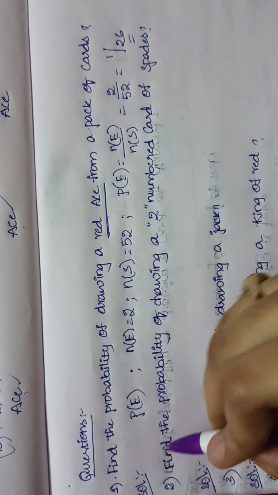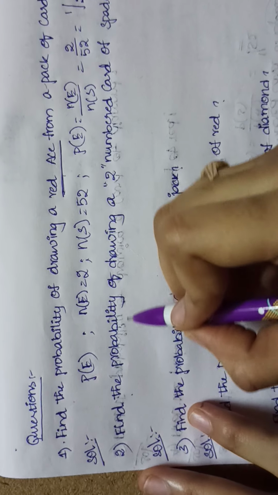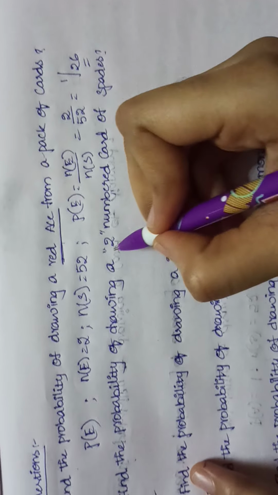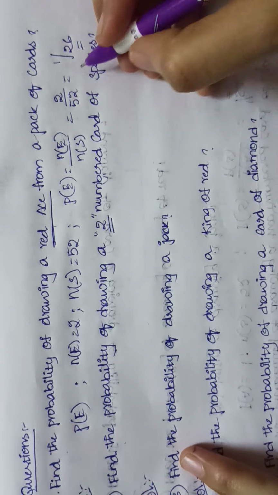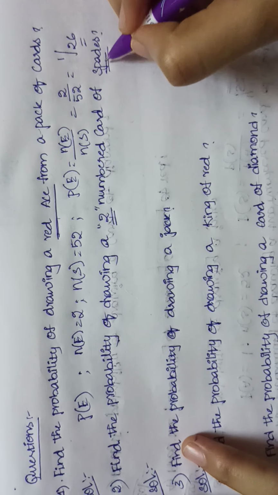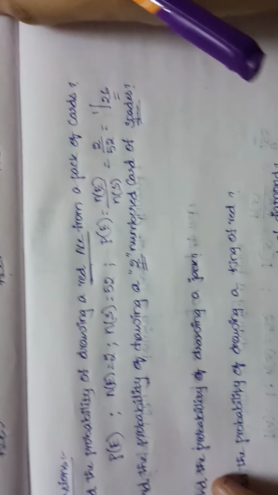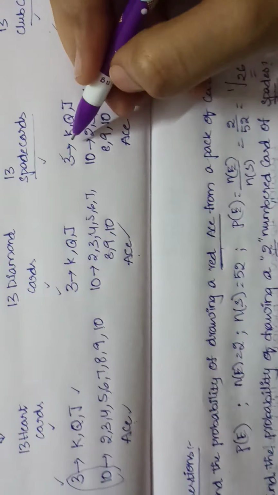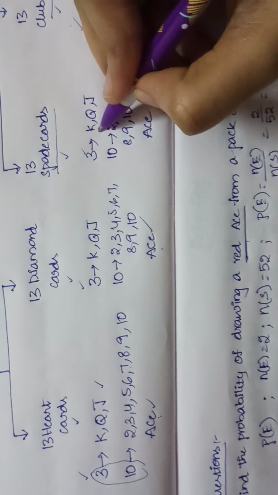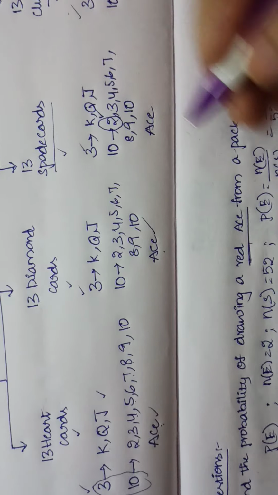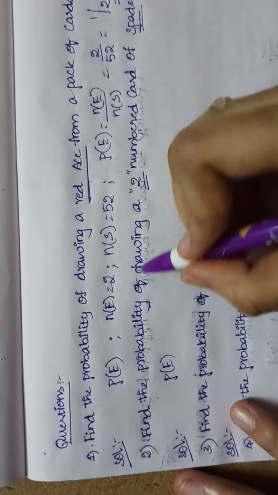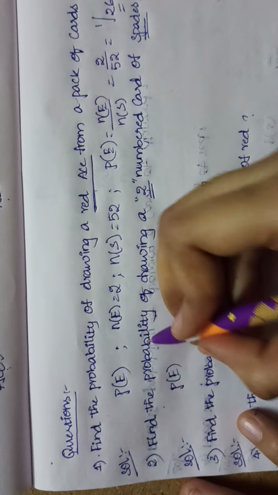Let us look at another problem. Find the probability of drawing a 2-numbered card of spades. Spades means let us look at where the spade cards are present. So here 13 spade cards are present. In this, the 2-numbered card is only one. So here P(E) represents the probability of drawing a 2-numbered card.